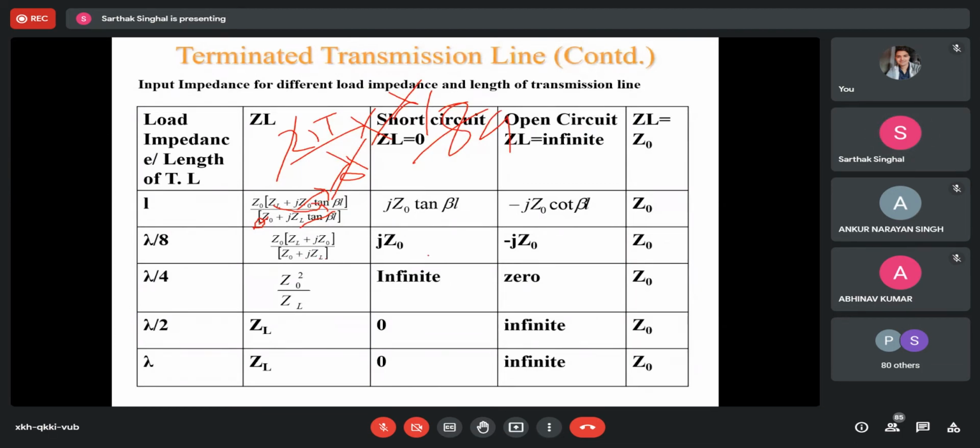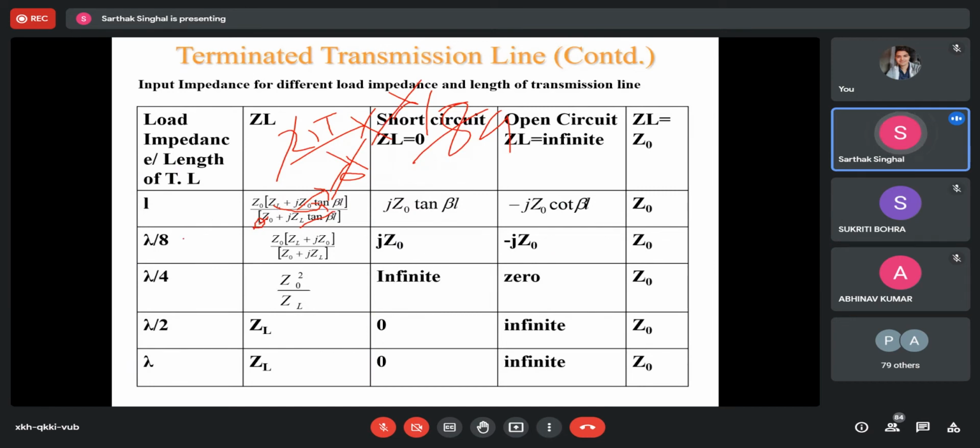So what is the value of input impedance for a short circuit? If the load impedance is short circuited, then you are left with only the reactive impedance, right?